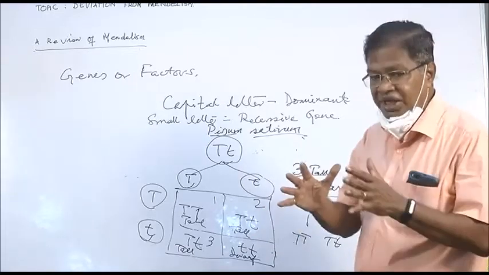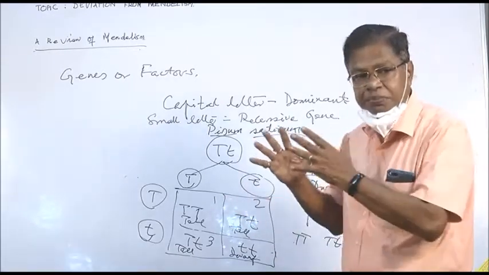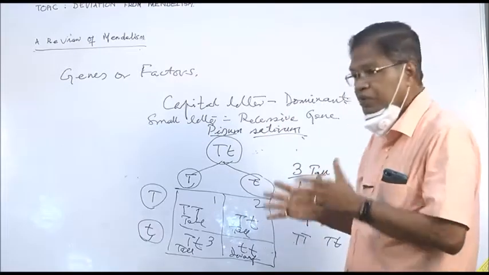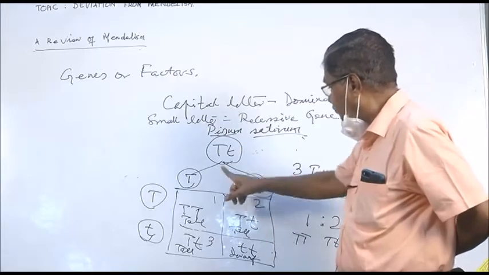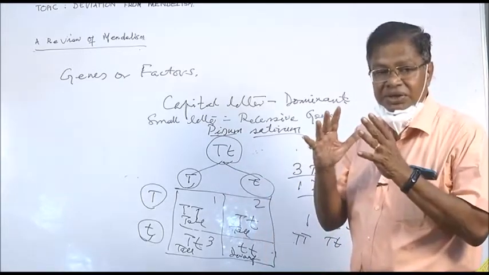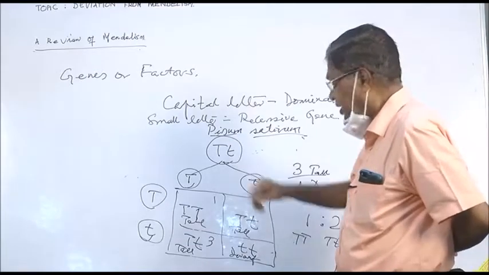If we cross a pure tall plant with a pure dwarf plant, we get tall plants. Here we find that tall and dwarf are mixed together in the F1 generation.